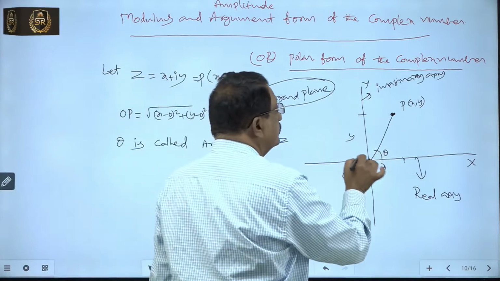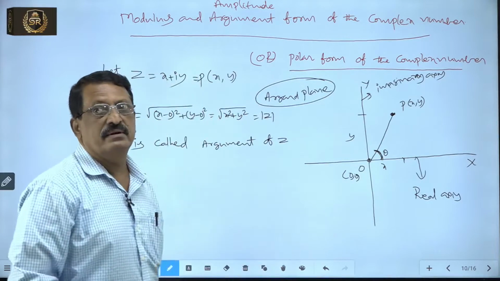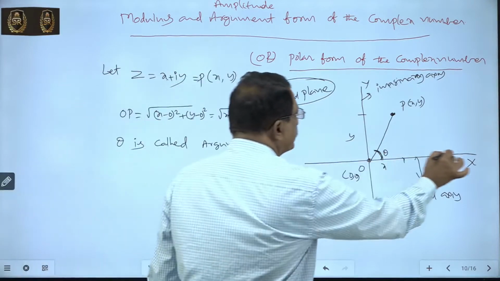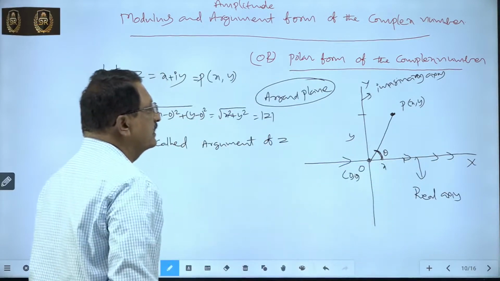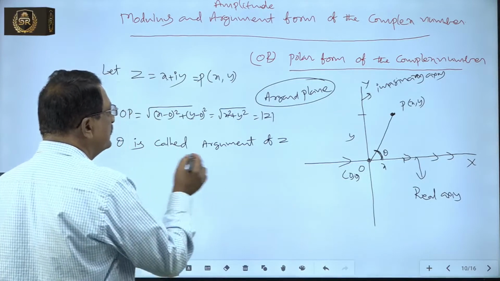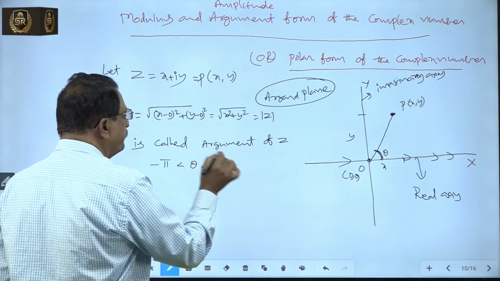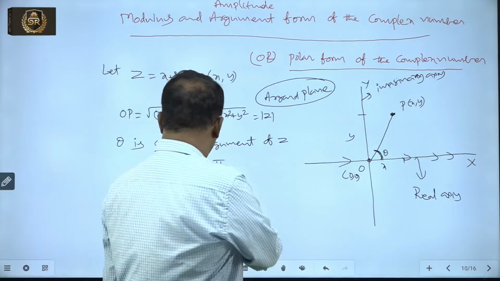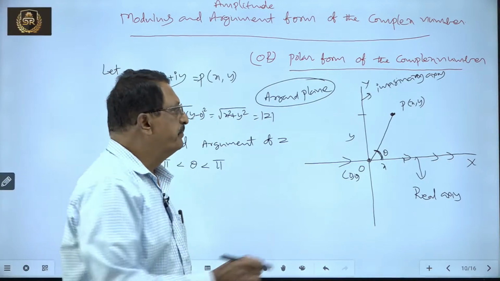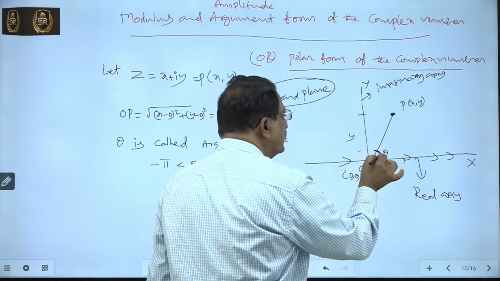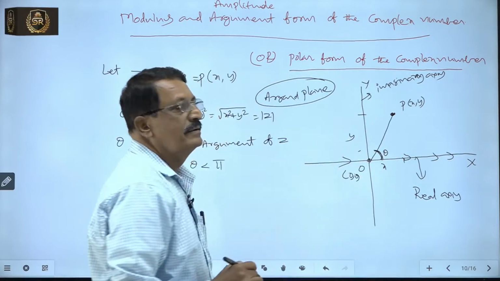Always it is measured in the anti-clockwise direction from the positive direction of the x axis. Now theta always lies between minus pi and pi, or between minus 180 degrees and 180 degrees, up to 180 degrees in the anti-clockwise direction, and in the clockwise direction up to minus pi.